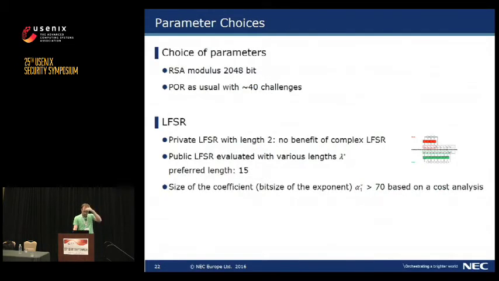Yes, the parameter choices I mentioned. The RSA modulus is 2000 bit. The POR usually takes 40 challenges, so that's not dependent on the file size because we apply the erasure code before. So there's the variability. And then we just use a length 2 LFSR for the private and a length 15 for the public, and the exponent in the private one is around 70 bit.